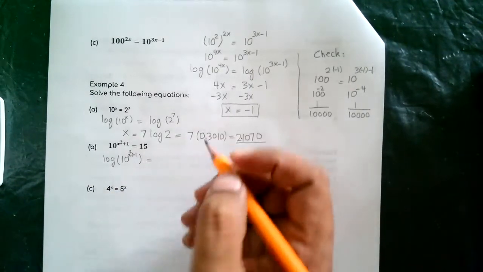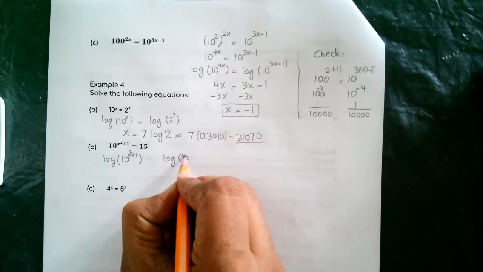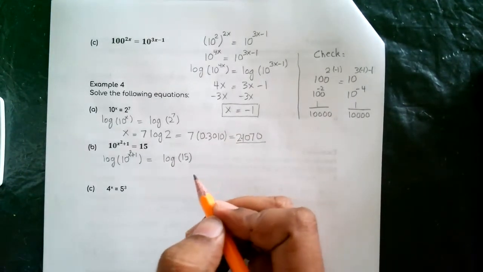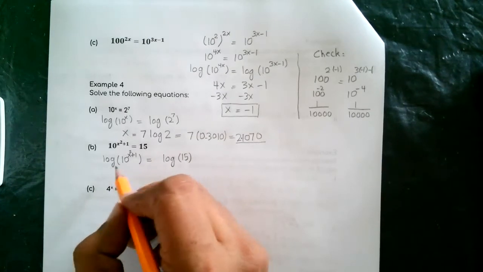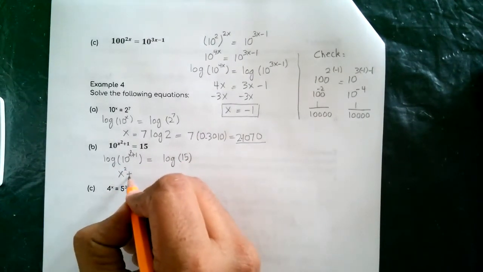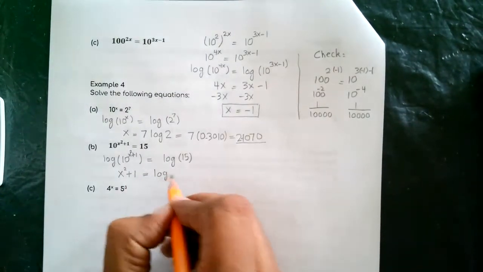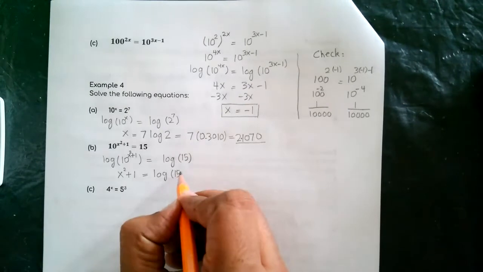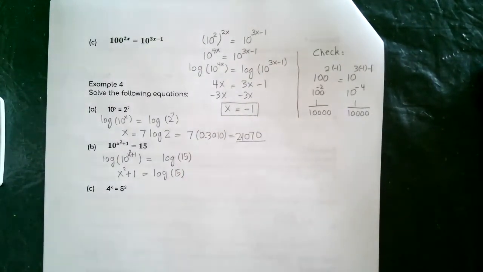And here we're going to have log of 15. Okay. Then in the next step, this log and this 10 base cancel each other out. So we end up with x squared plus 1, and that is equal to log of 15. So at this point, you can go on and solve for x.